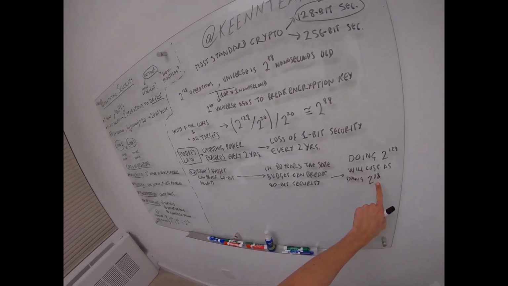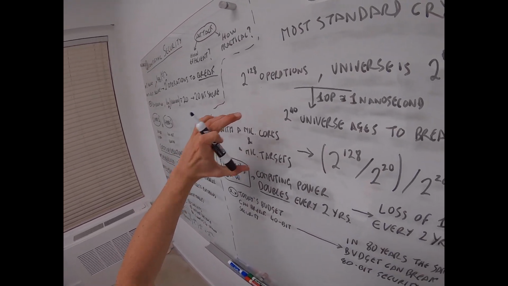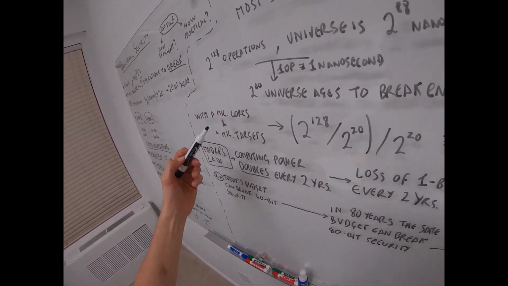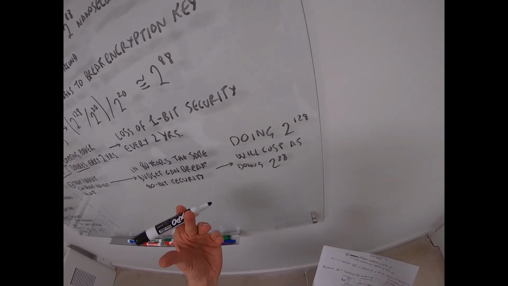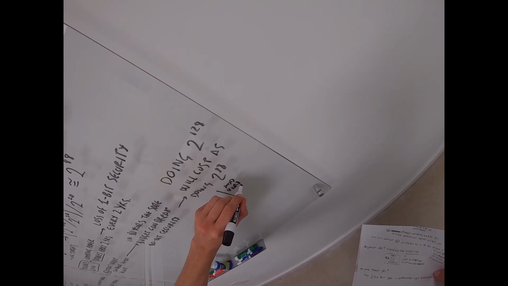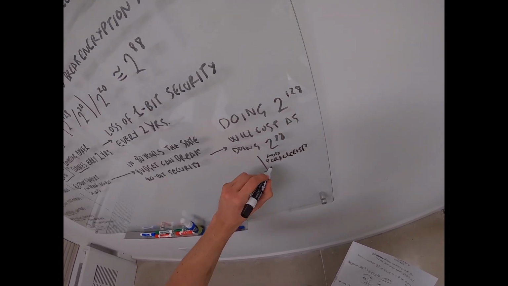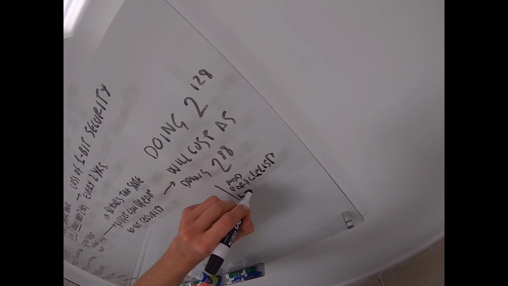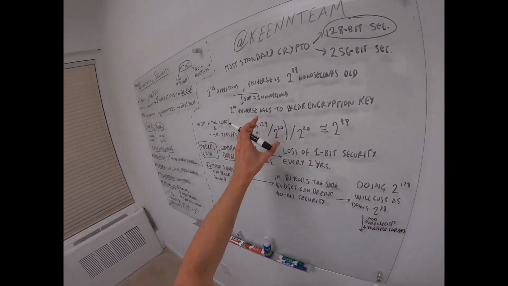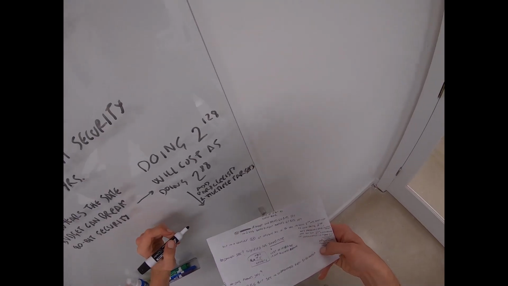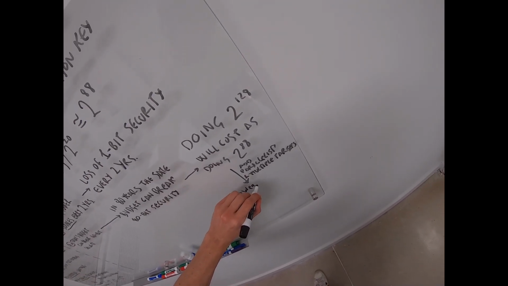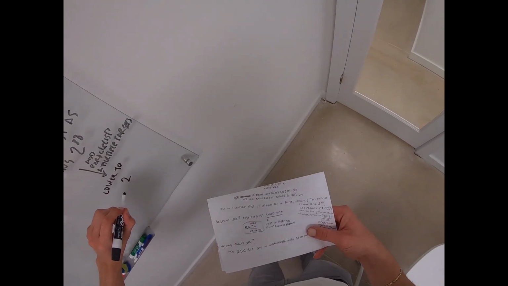So in 80 years, if we had the same situation we had here, 1 million cores, supercomputers, crazy stuff, and 1 million targets, which increase our odds of succeeding in the attack, that means we can lower to 2 to the 48 nanoseconds.